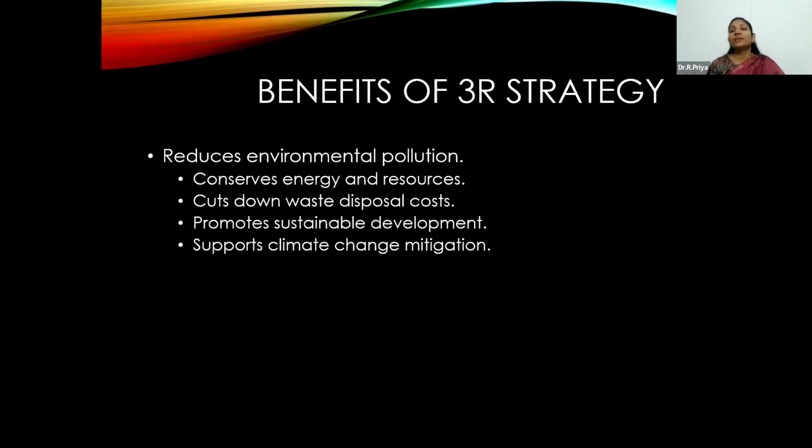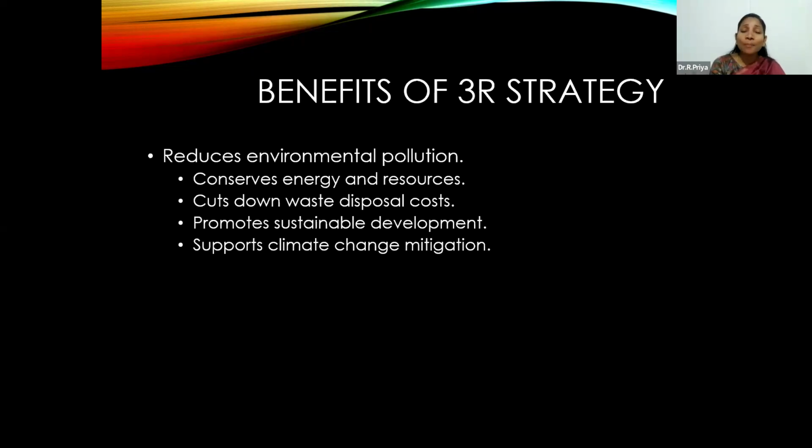So finally, the 3R strategy supports climate change mitigation. By saving energy, it reduces the fuel use and lowers greenhouse gas emissions from industries and landfills.